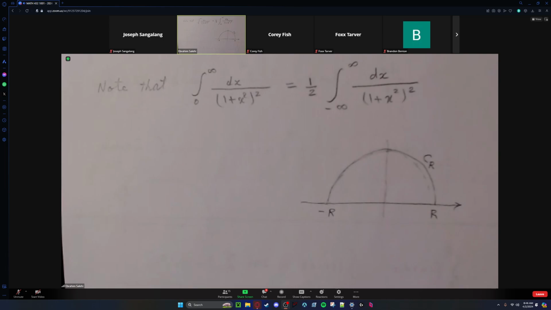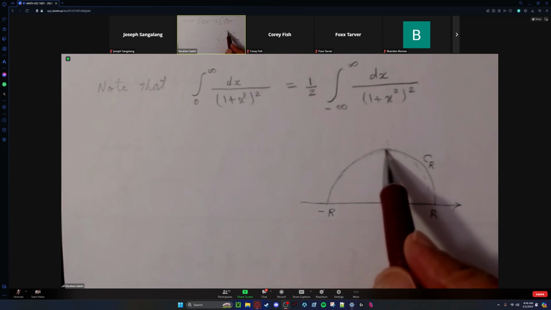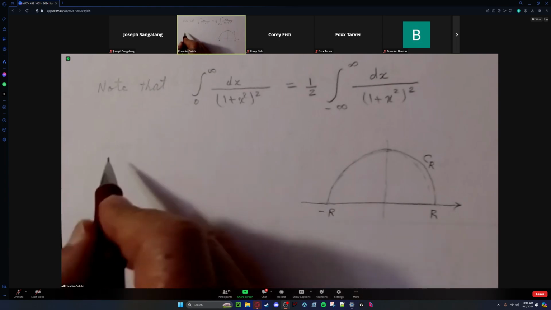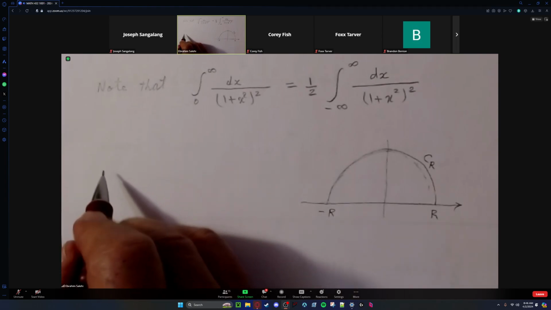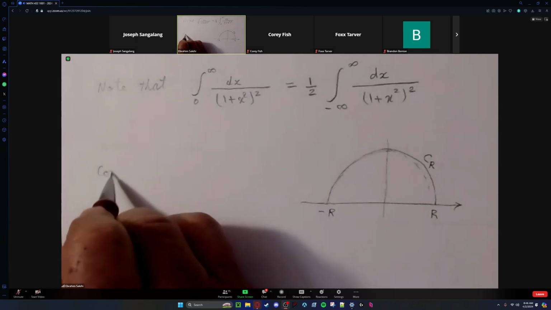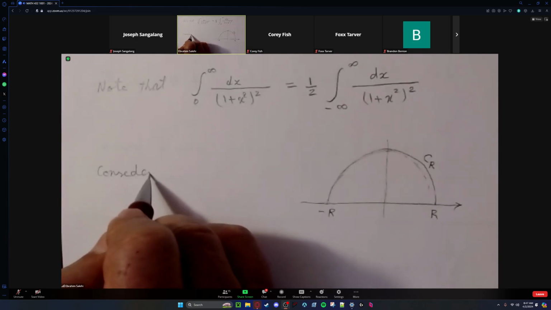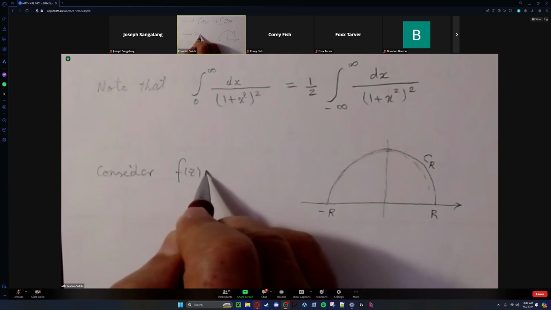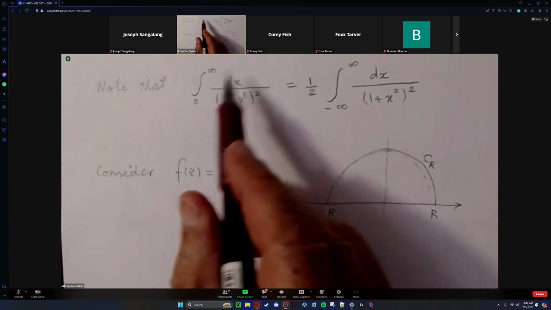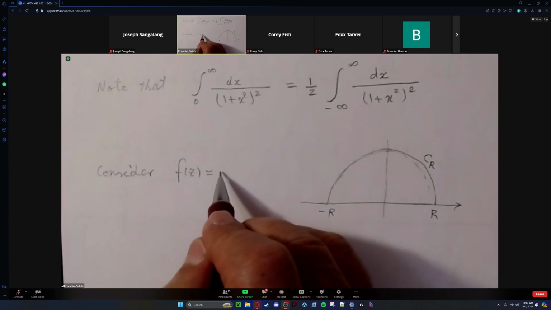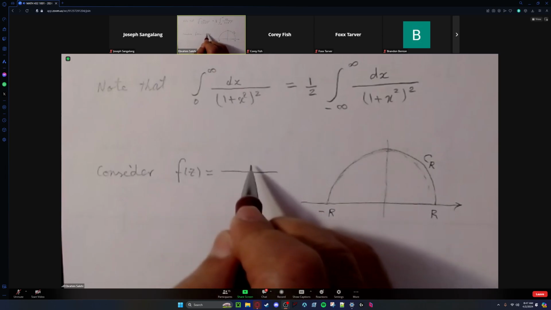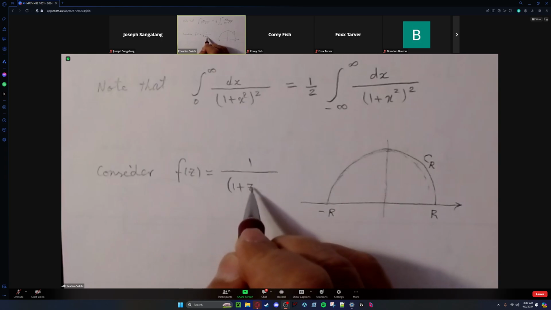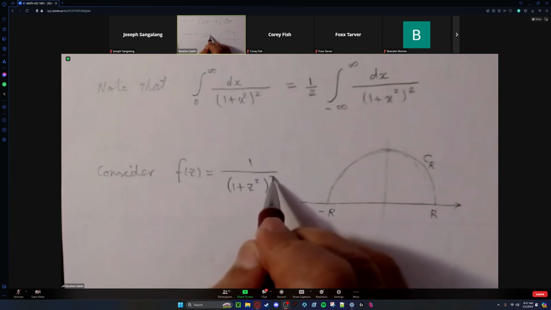The function we are considering is this one. Consider f of z, nothing special, just this function with x replaced by z: 1 over (1 plus z squared) squared.